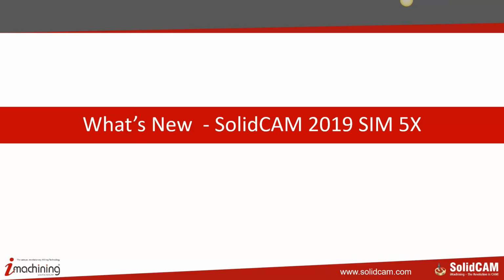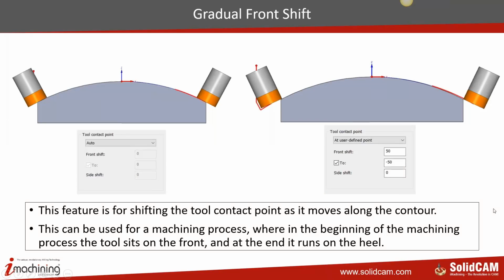First of all, the small functions that we introduced in 2019. We introduced a function called gradual front shift. It was already there, but it was just known as front shift. This feature allows you to shift the contact point of the tool from front to back as it progresses over the surface when it is machining.